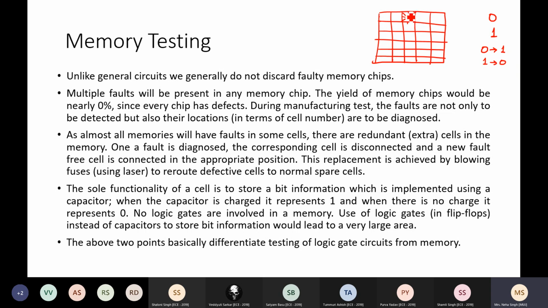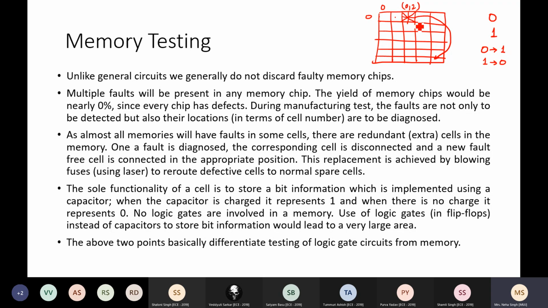So what we do is we rewire and we say that instead of, say, reading the address as 0th row 0th column, this will be the 0 0 location, this will be 0th row first column, this will be 0th row second column. So if I have a fault at 0th row second column, I rewire the structure, and suppose there are extra memory locations already created. अगर हमारी memory 1024 bytes की है, so we will have some extra memory locations made by default.